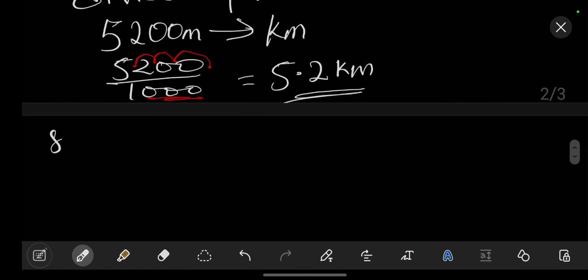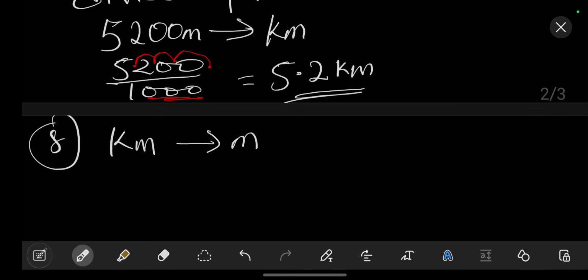Now the last one, I want to convert kilometer to meter. Now you do this yourself. I've explained to you, taking time to do an extensive exegesis for you.